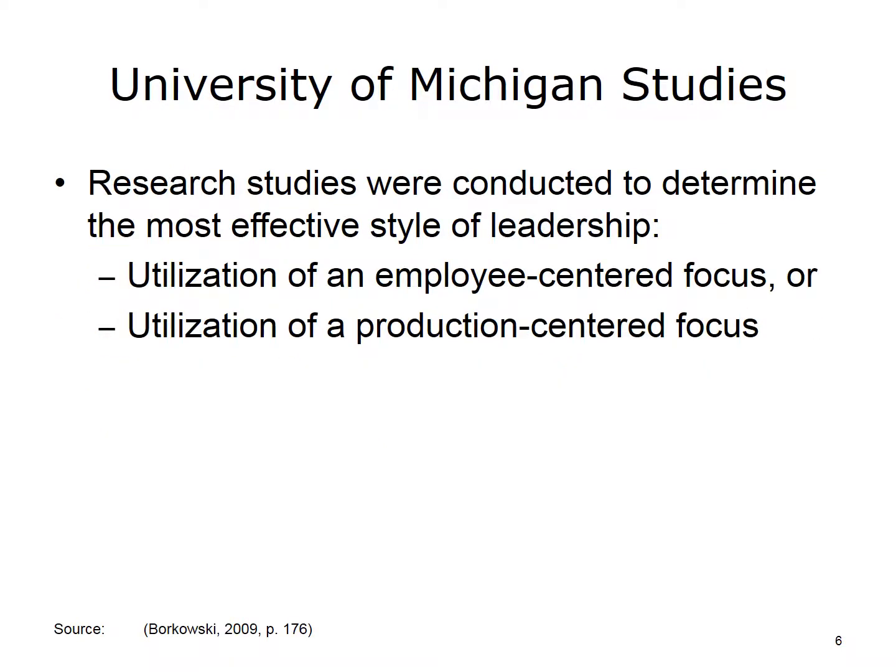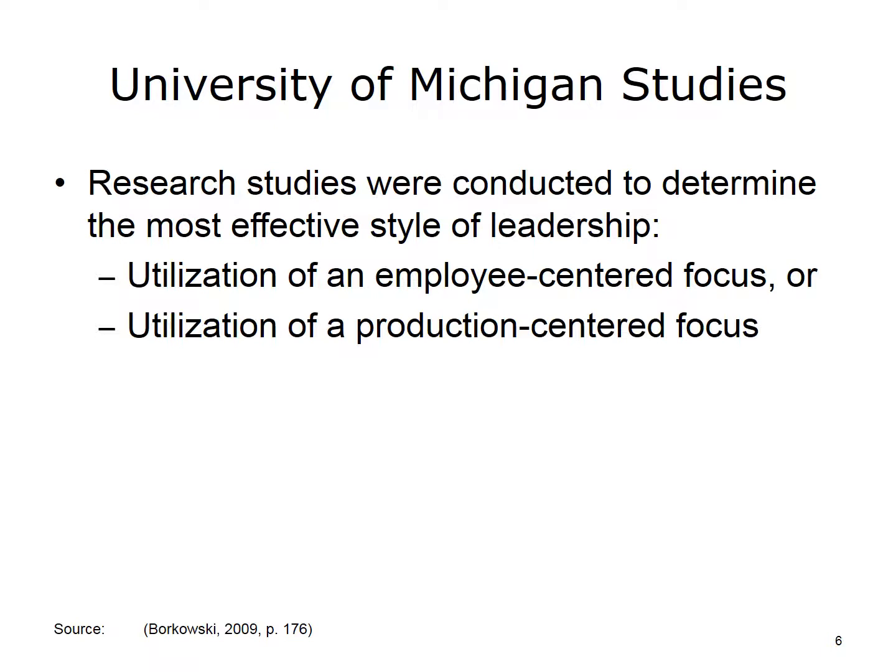In order to understand the foundations of the different leadership theories that we will discuss, we need to begin with an understanding of the University of Michigan leadership studies. These research studies were conducted to determine the most effective style of leadership. In the late 1940s, researchers at the University of Michigan were working to identify the independent dimensions of leadership behavior.